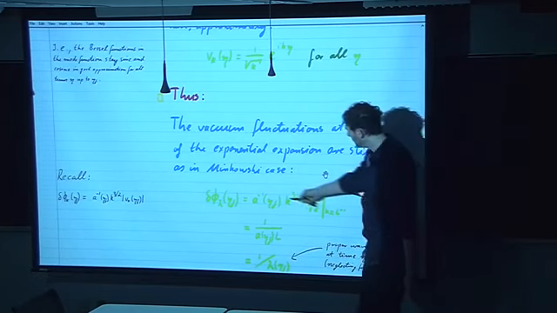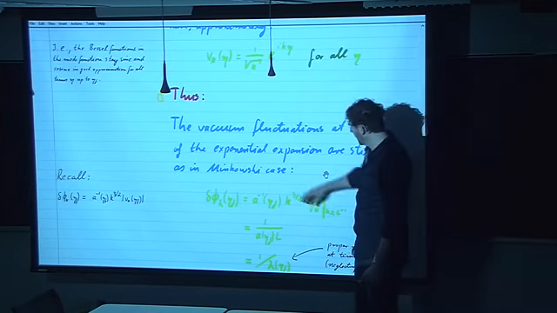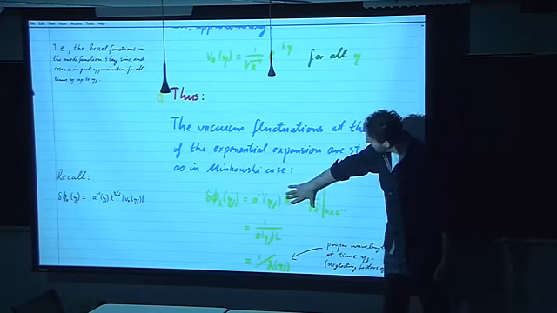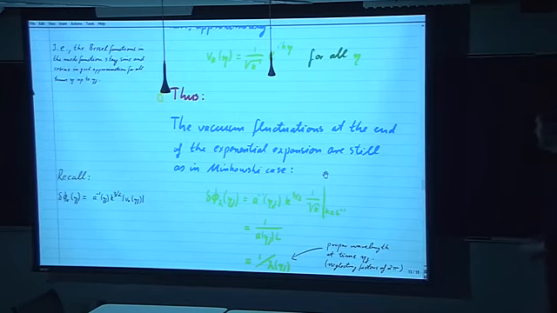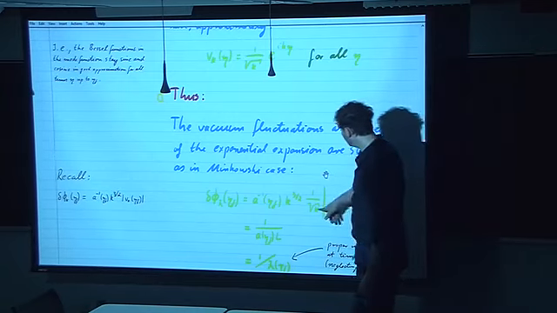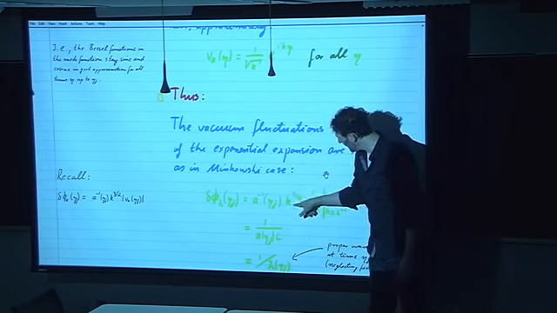Remember that k is 2 pi over L, or for simplicity, just 1 over L, where L is the comoving length. So the square root of k cancels one of the square root powers of k to the 3/2. We are just left with a k here, and then 1 over a. So what we get is 1 over a times L, because k is like 1 over L.